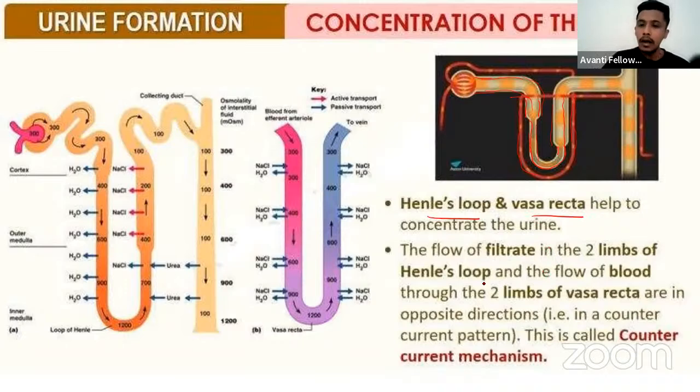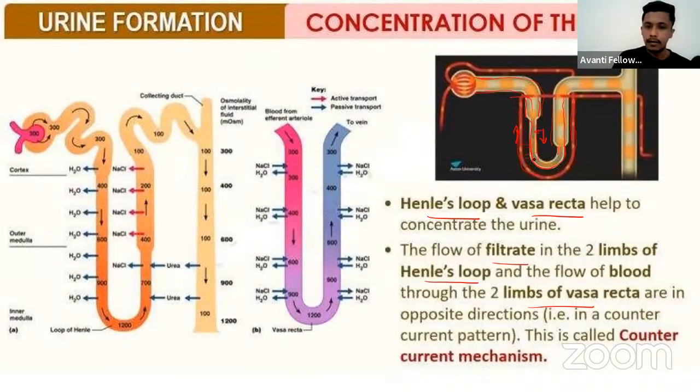The filtrate that flows through the two limbs of Henle's loop and the blood that flows through the two limbs of the vasa recta are in opposite directions. If the direction is like this in the loop of Henle, it will be in the opposite direction in the vasa recta. That is why we call it the countercurrent multiplier system. So the movement of substances is also in the opposite direction.